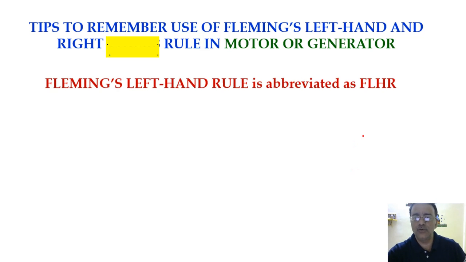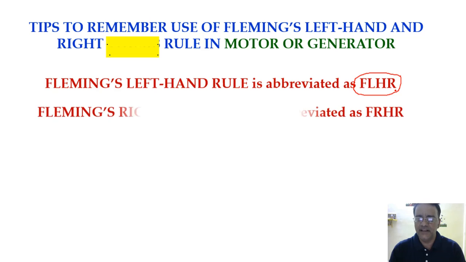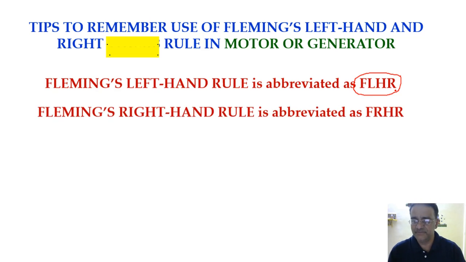First let us take Fleming's left hand rule. इसको हम लोग FLHR लिख सकते हैं. F stands for Fleming, LH stands for left hand, and R stands for rule. Similarly, Fleming's right hand rule we can write FRHR. F means Fleming's, RH means right hand, and R means rule.